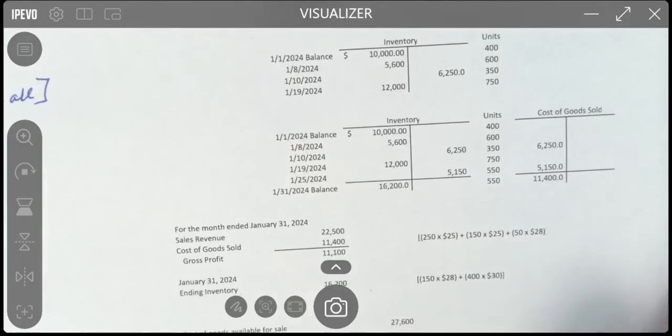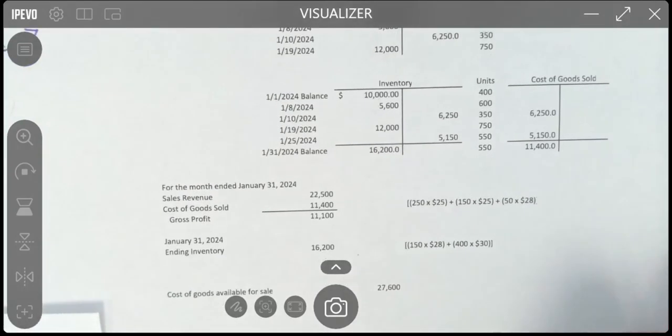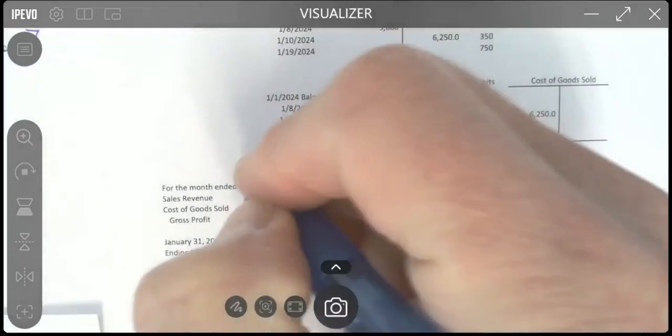So now I posted all to the ledger, and then I went ahead and balanced the ledger.